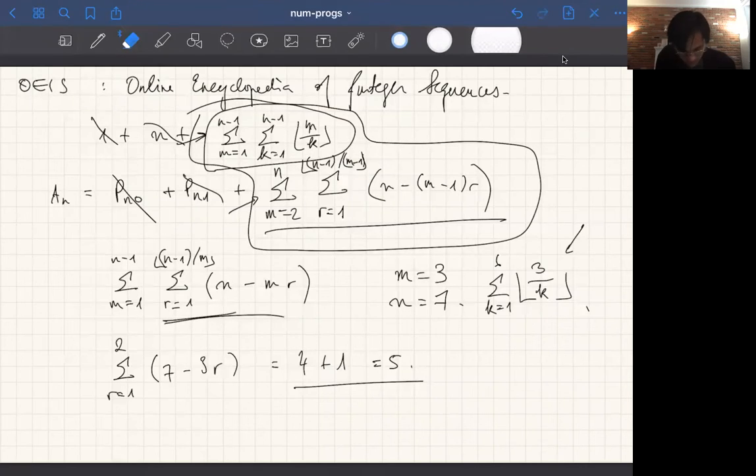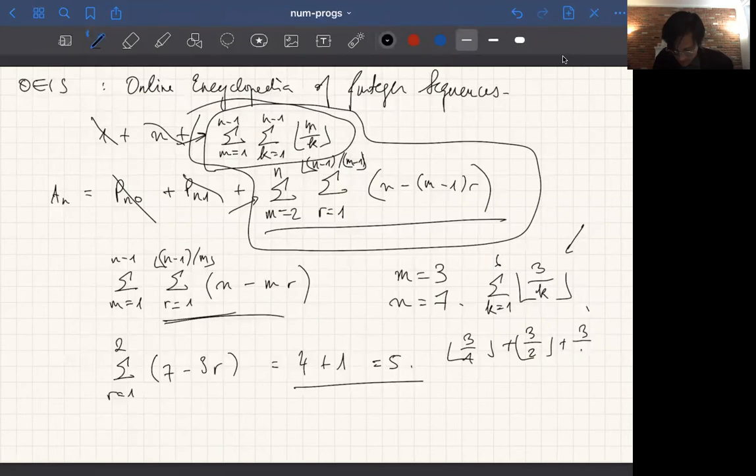It's 3 over 1, plus 3 over 2, plus 3 over 3, plus 3 over 4, plus 3 over 5, plus 3 over 6. And like I said, they disappear when, so that disappears, that disappears, that disappears.